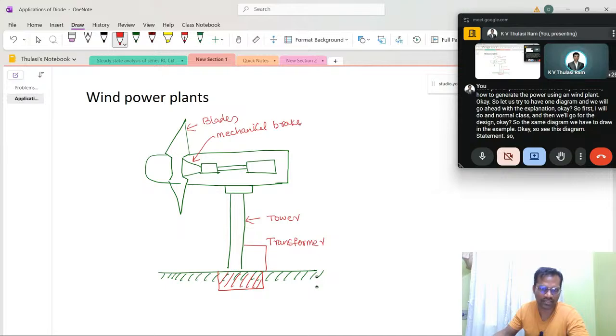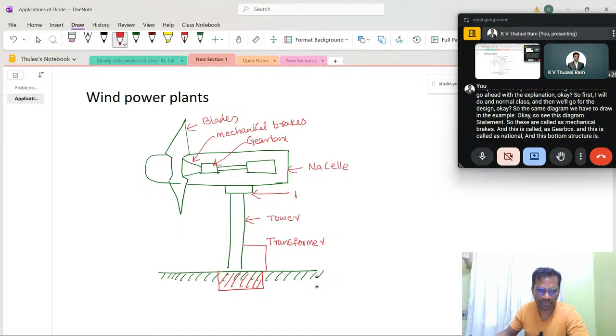These are called mechanical brakes, and this is called the gearbox, and this is called the nacelle, and this bottom structure is called the pivoting system.